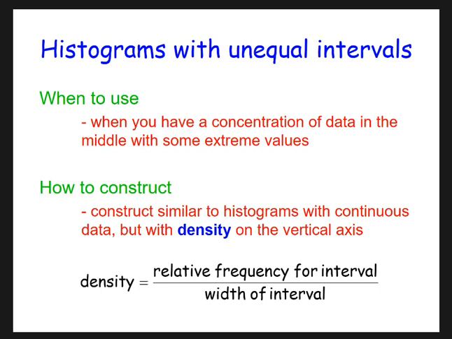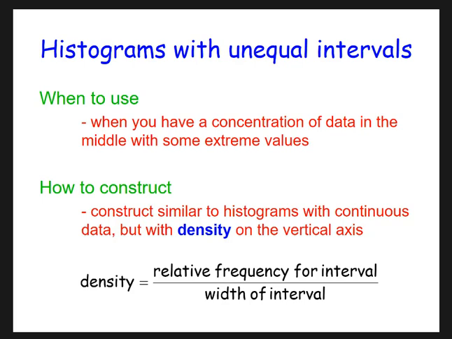So histograms with unequal intervals. This is something this textbook covers. A lot of textbooks say that a histogram has to have equal intervals. You can't have unequal intervals or it's not a valid histogram. And that's kind of the school that I've usually gone with. But for this course, we can use unequal intervals.